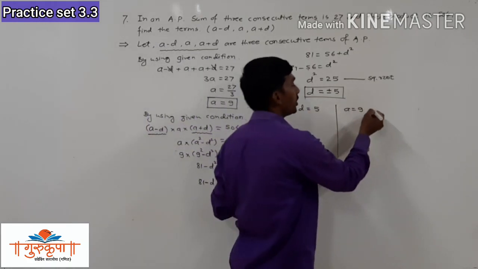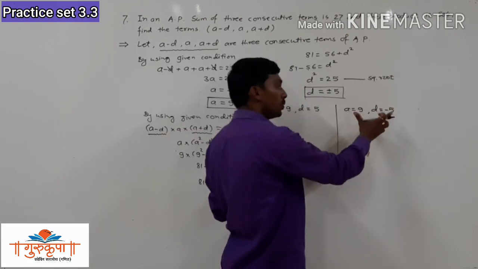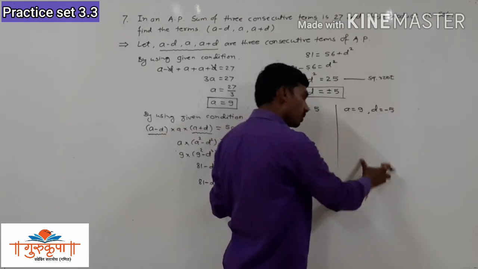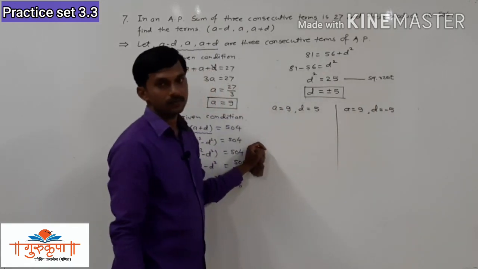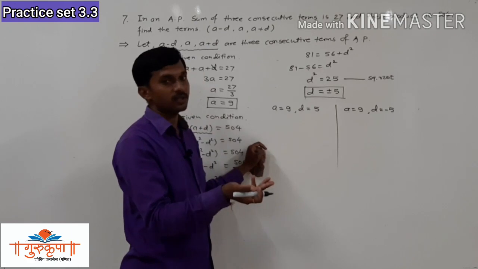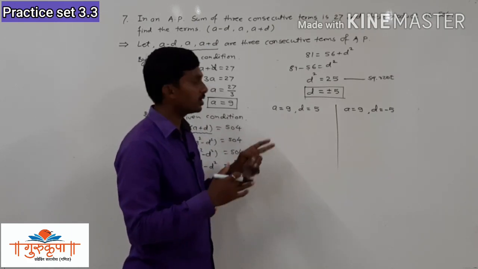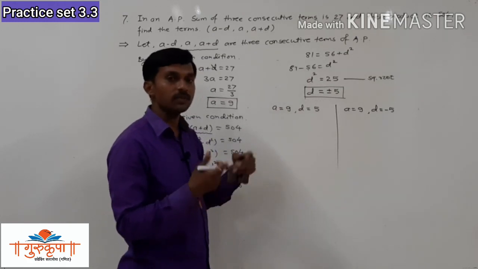So next we will take d is equal to minus 5. Using these two values we will find the three terms. We will get the same terms, but the order of the terms gets changed.